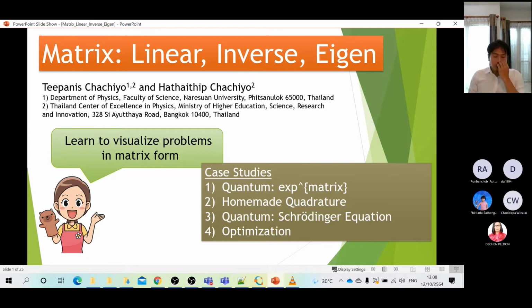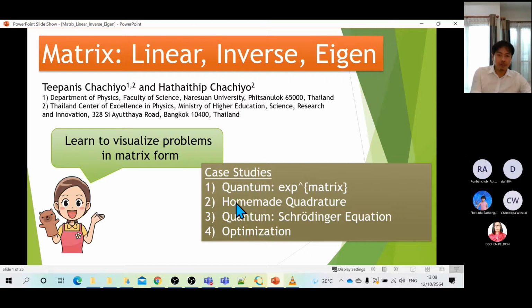What is more important, and what we are going to do today, is to practice, to prepare your skills, to learn how to visualize problems in matrix form. By using these 4 case studies, we are going to look at quantum mechanics, the very strange math properties of the exponential function, then try a homemade quadrature method and look at the quantum mechanics equation that we call the Schrodinger equation, and lastly optimization.